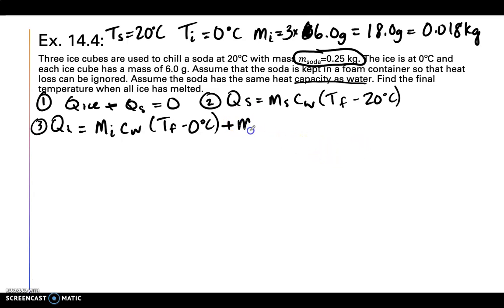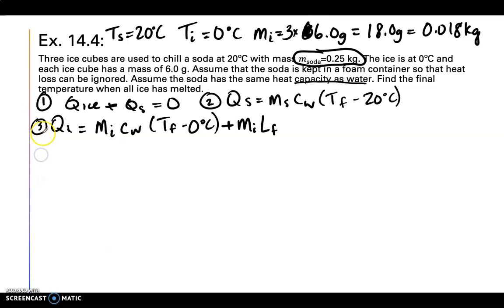So that's going to be M sub I times L. We need to know if it's going to be the freezing point or if it's going to be the vaporization point. And we know that it's the freezing or melting point. So it's going to be L sub F. Okay. So then we'll add it together and solve for our T final.